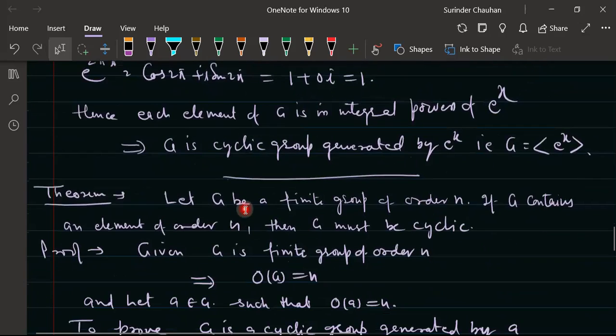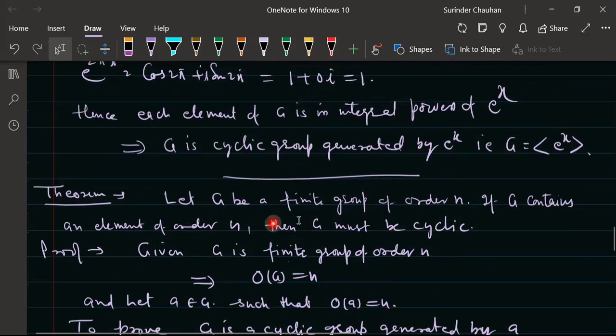Now another theorem, a very important, beautiful theorem. Let G be a finite group of order n. If G contains an element of order n, then G must be cyclic. If G is a finite group and it contains an element whose order is equal to the order of the group, then the group G is cyclic.